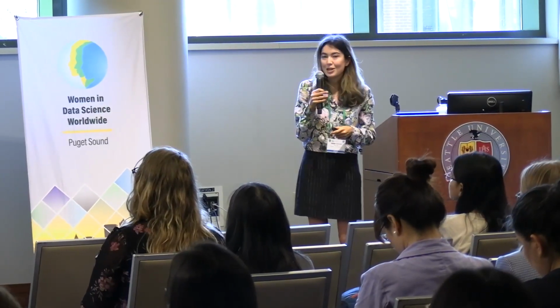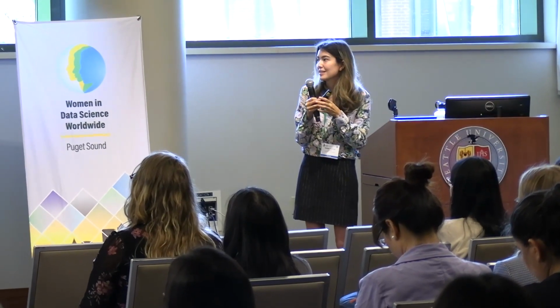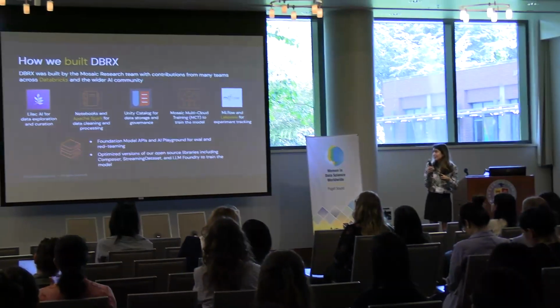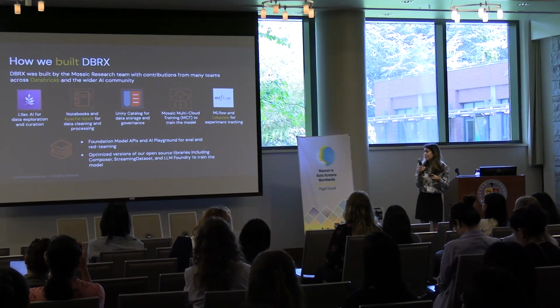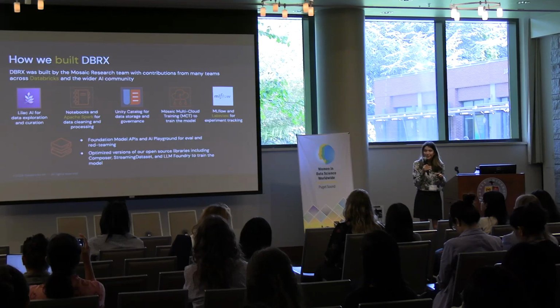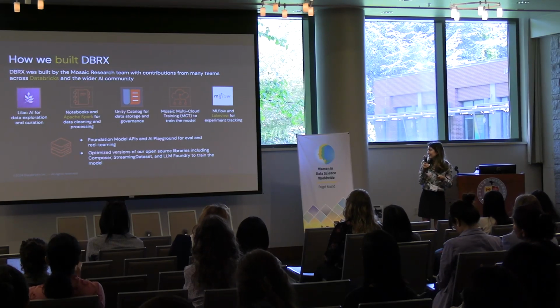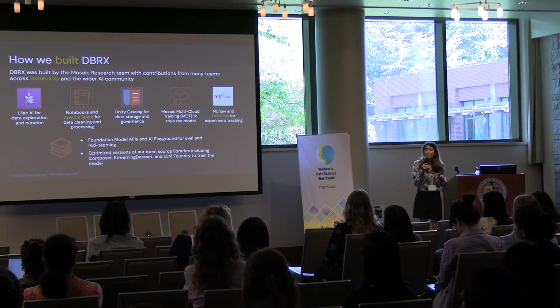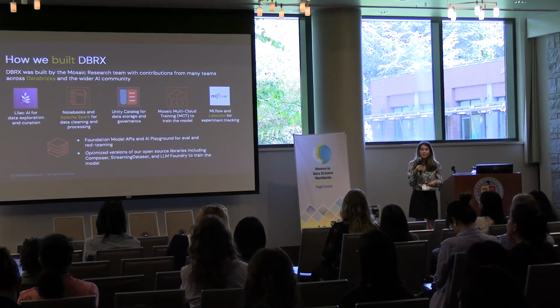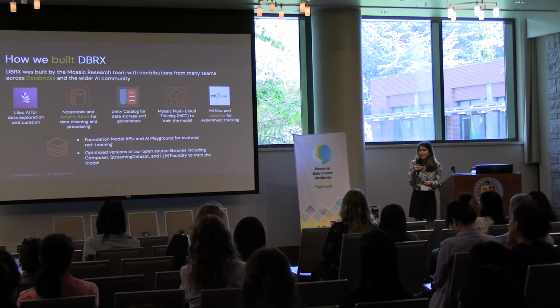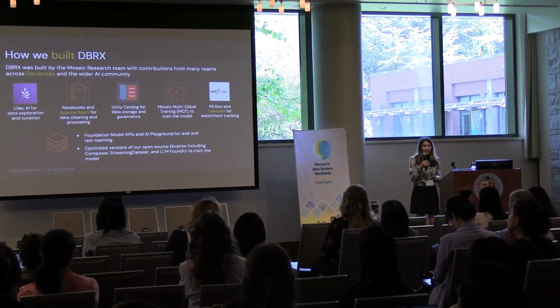We also have a lot of data inspection tools, for instance, Lilac, notebooks, Unity Catalog, and multi-cloud training. And MLflow for experiment tracking. But for DBRX, we used Weights and Biases, mostly for telemetry and monitoring.